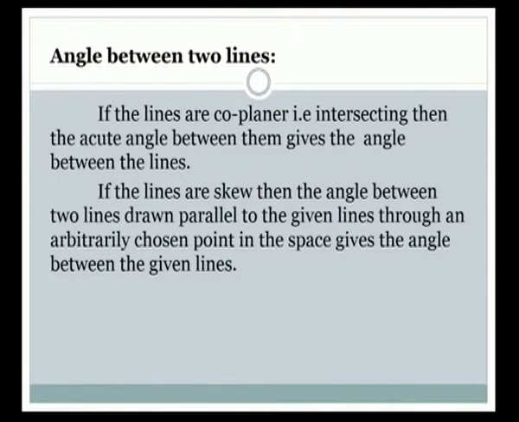So, to get the angle between non-intersecting lines, we need to choose an arbitrary point in the space and draw two lines parallel to those skew lines through that arbitrarily chosen point. Then the angle between the lines will be obtained.